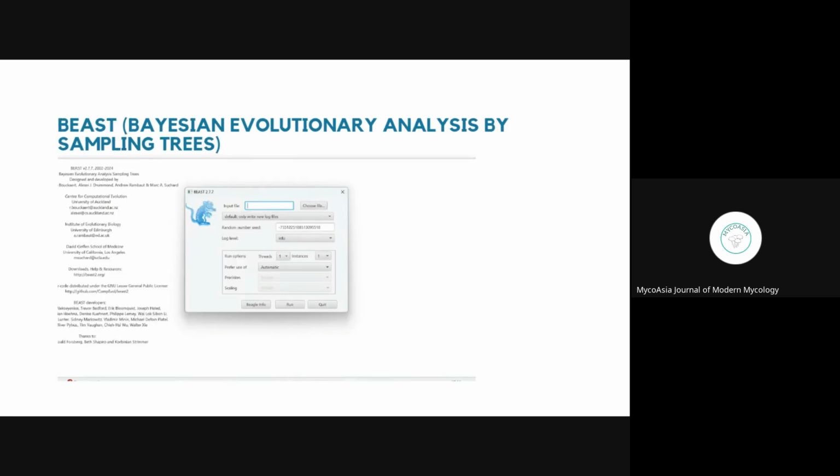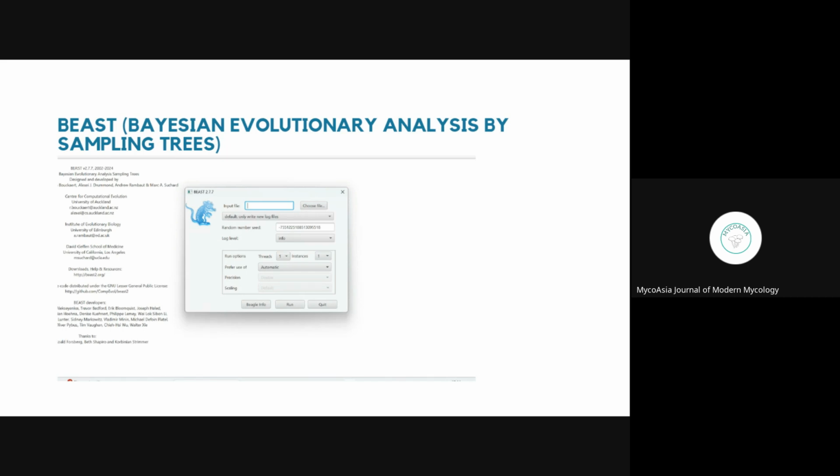The second one is a little bit complicated, for what we call molecular clock analysis. The software is BEAST. It's called Bayesian Evolutionary Analysis by Sampling Trees. It results in a Bayesian tree. Okay, it does Bayesian analysis, but additionally you can input data about fossils.